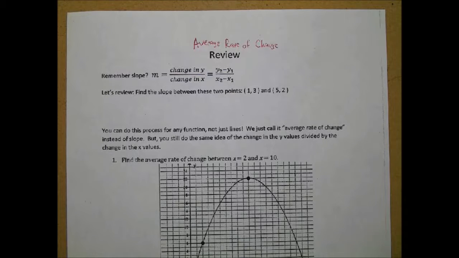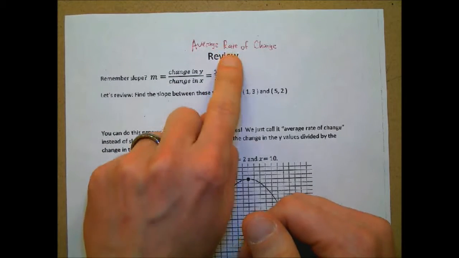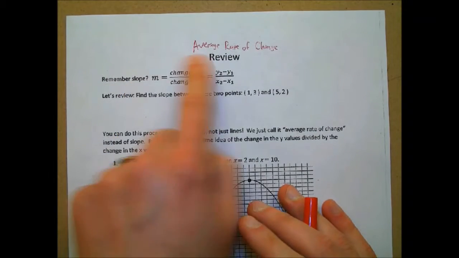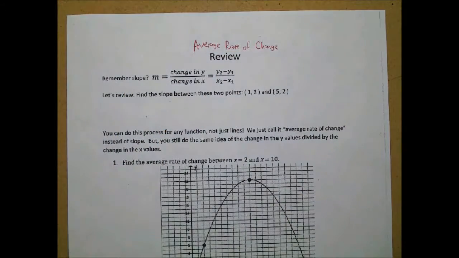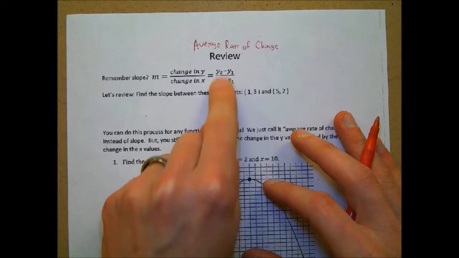Okay, so what is average rate of change? Well, the phrase rate of change, we've seen that before. It's slope, right? And so average rate of change is just that. It's the slope formula between 2 points, okay? So we find the slope by subtracting the y coordinates and then dividing by subtracting the x coordinates, right?